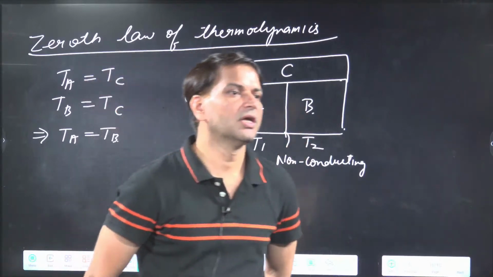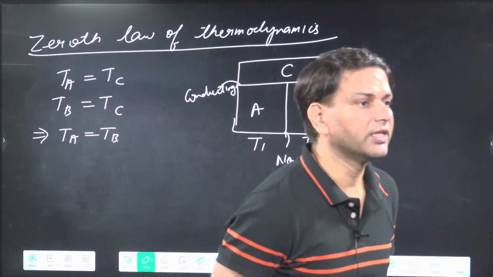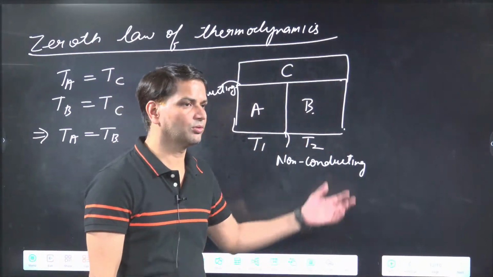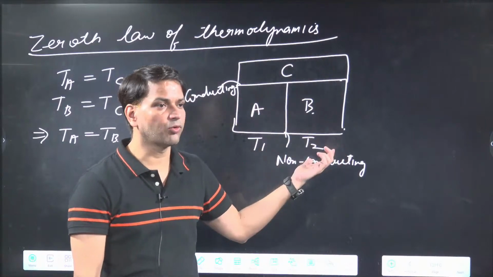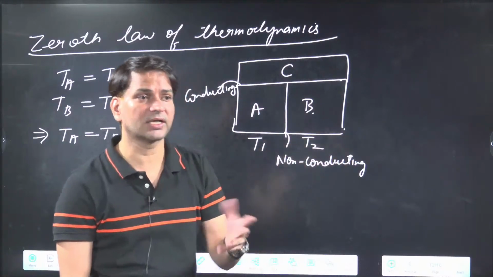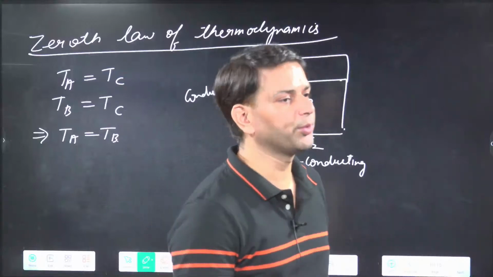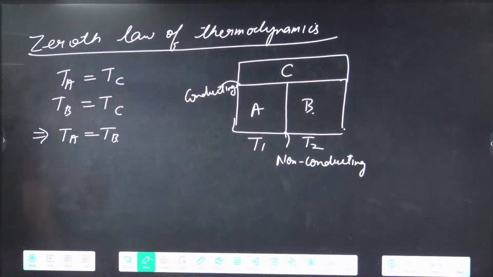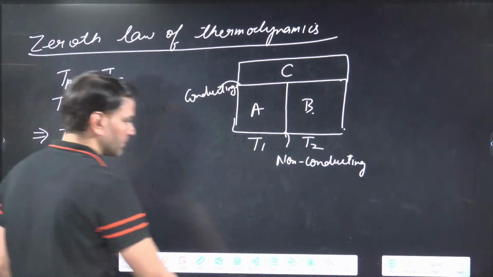What will happen? Nothing will happen. Why? They are at the same temperature, so heat exchange will not take place. Even if I replace this wall by a conducting wall, no heat will flow because all are in thermal equilibrium. This is the Zeroth law.